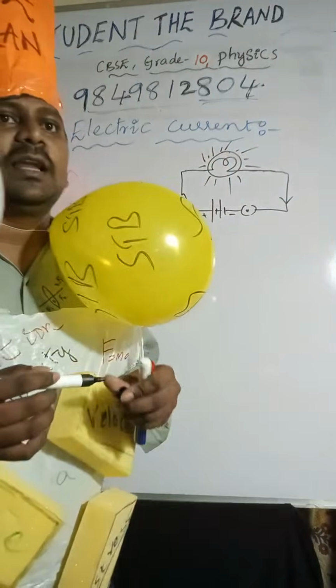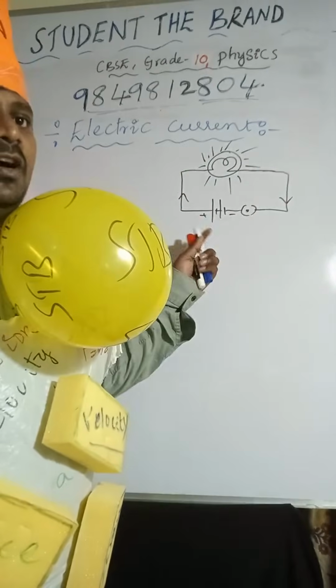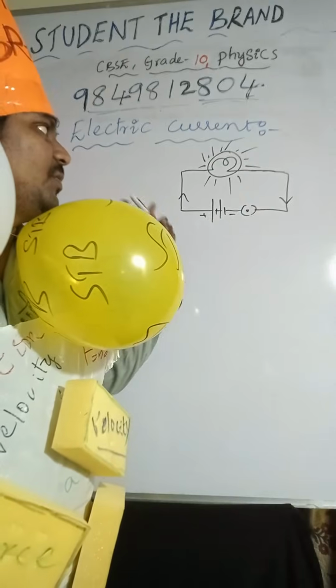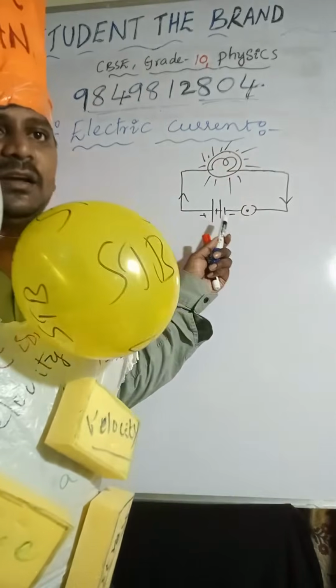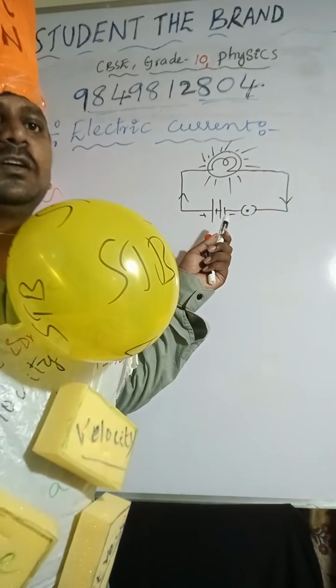Current is flowing from the positive terminal to the negative terminal. Positive charges will move from the positive terminal to the negative terminal. Electrons will move from the negative terminal to the positive terminal.